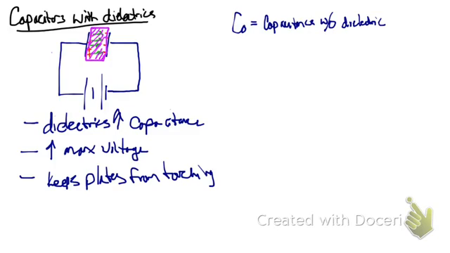And the capacitance with the dielectric is given by this constant. When we have a dielectric in there, we multiply our capacitance by this little value called kappa, lowercase kappa. No sorority jokes here. My mother was a kappa, so don't go there. This is called the dielectric constant.